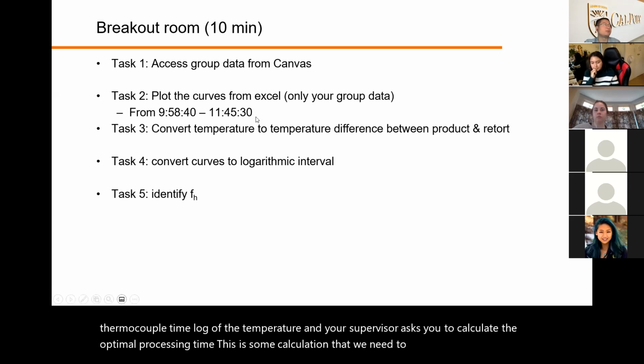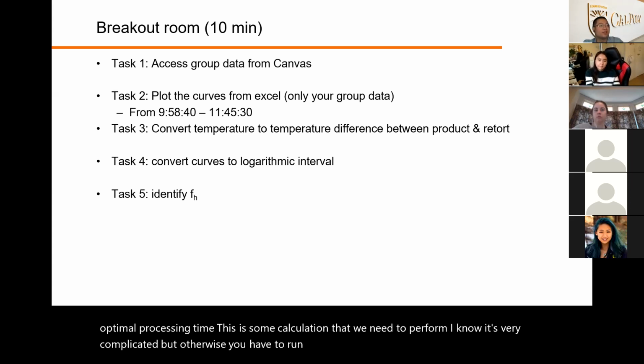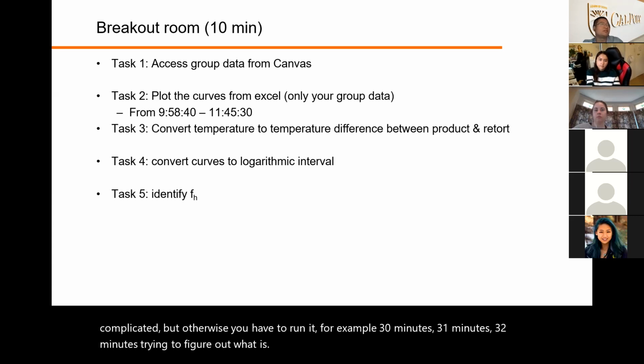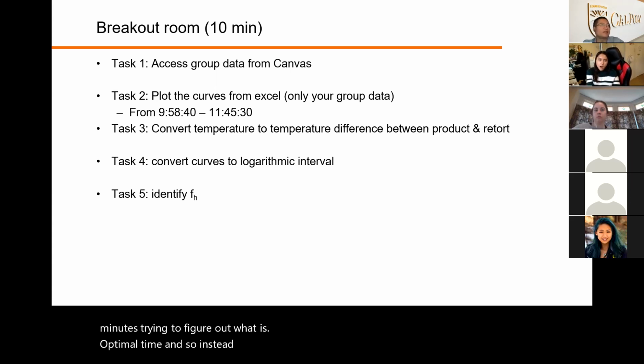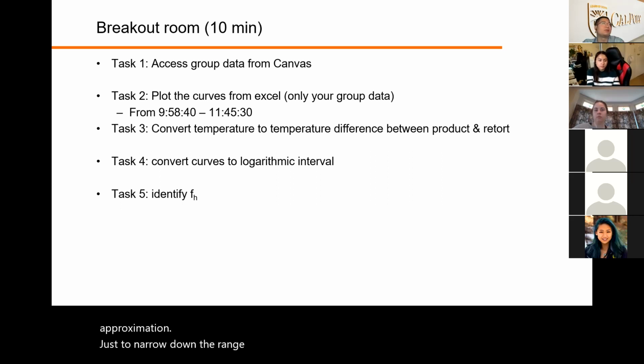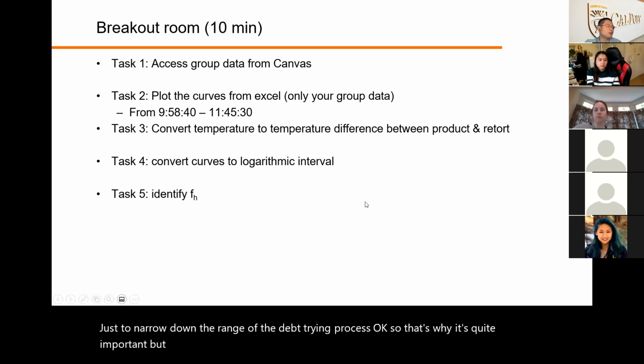I know it's very complicated, but otherwise you have to run it, for example, 30 minutes, 31 minutes, 32 minutes, trying to figure out the optimal time. This method gives you an approximation to narrow down the range of that trial process. That's why it's quite important, but it's not an easy calculation.